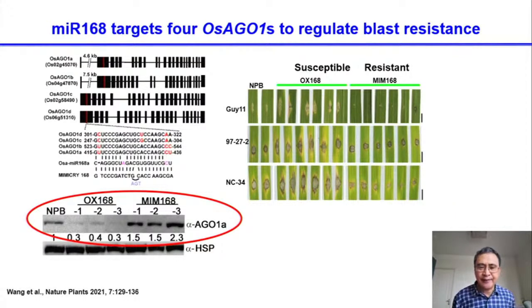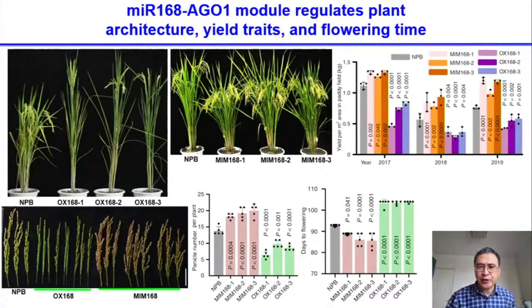So we constructed the overexpression and the target mimicry lines, which lead to abolishment of AGO1 protein. And this module also regulates plant architecture and other traits and the flowering time. Here I show the plants and the panicle and the statistical analysis data. It indicates this module can simultaneously improve blast resistance and the other traits.